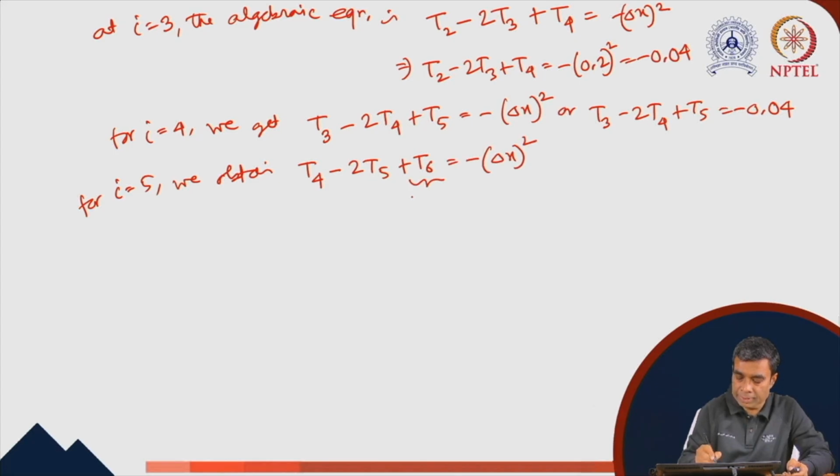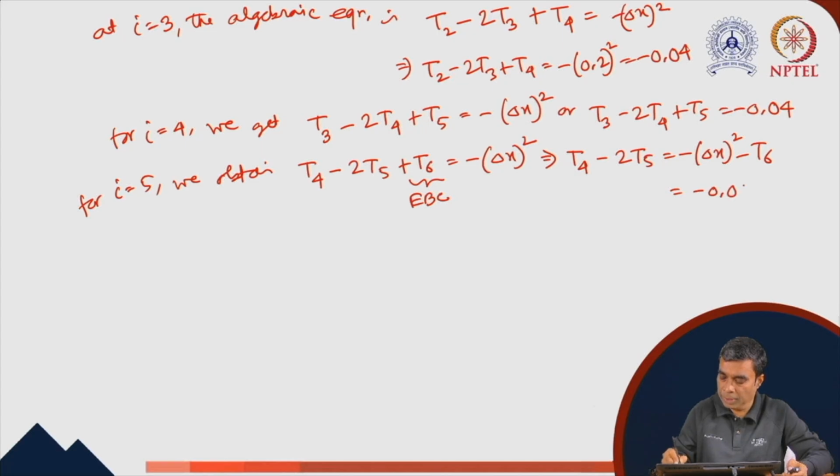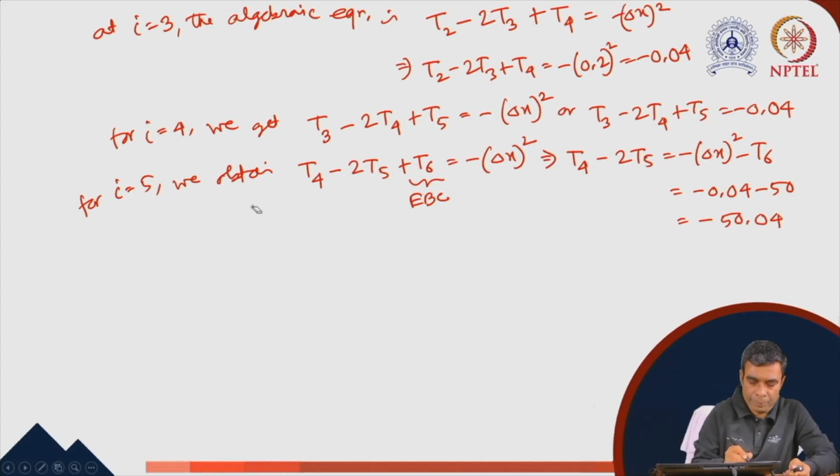Now this T6 is an EBC node, so this will be shifted to the right side, so we can write it as T4 minus 2T5 equals to minus delta x whole square minus T6, which is minus 0.04 minus 50 equals to minus 50.04.